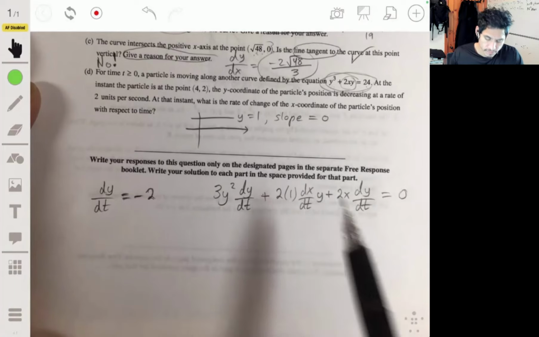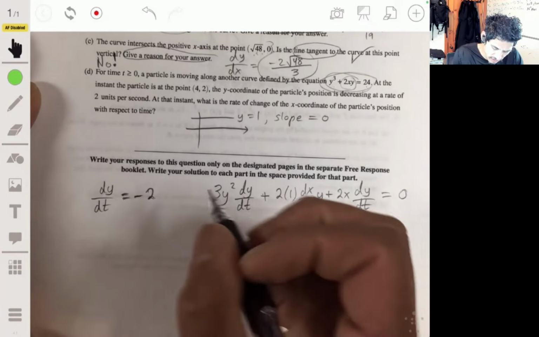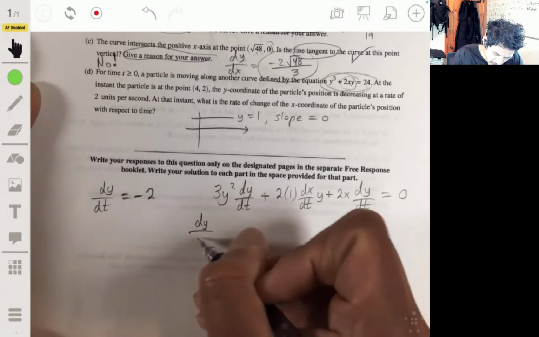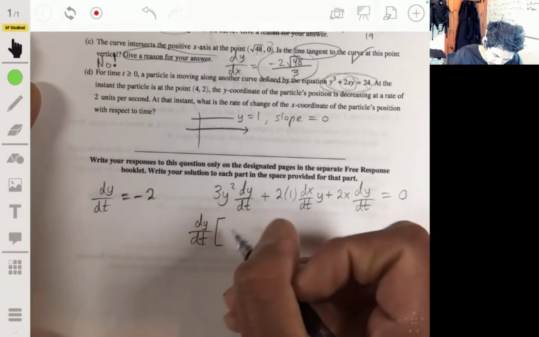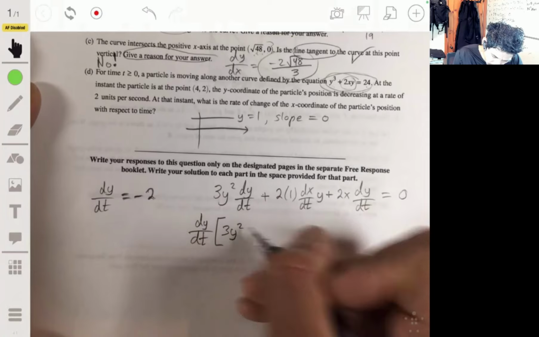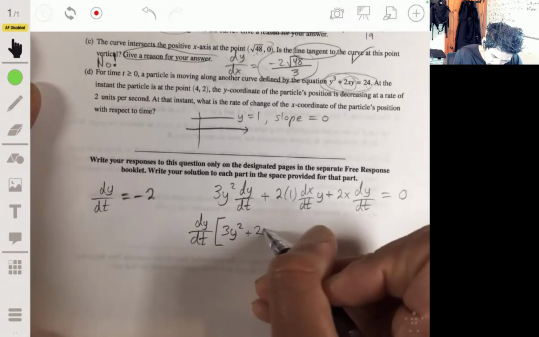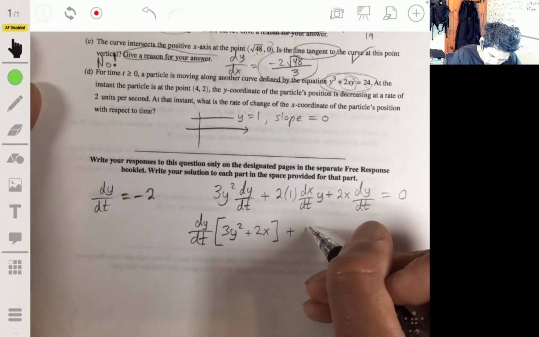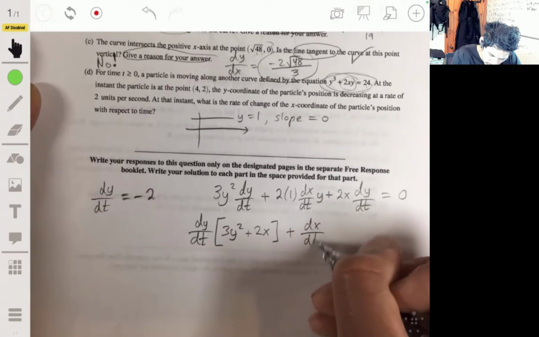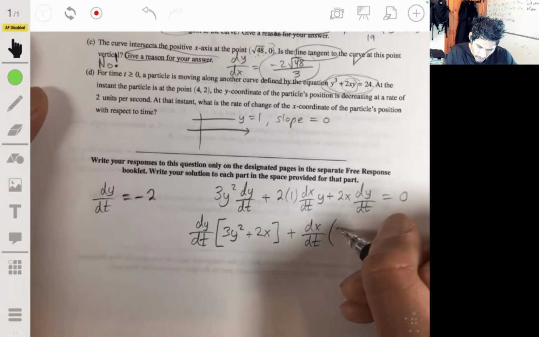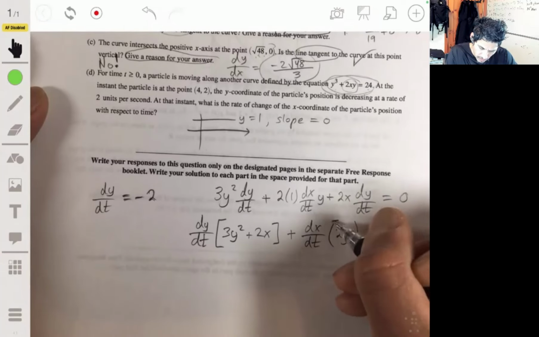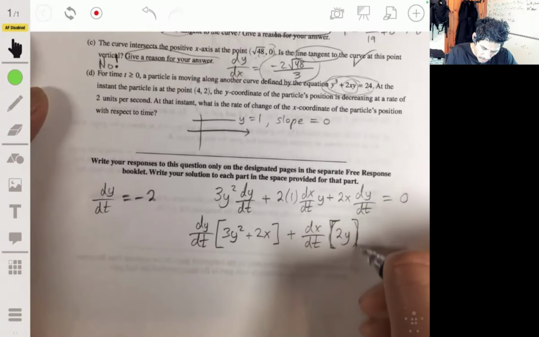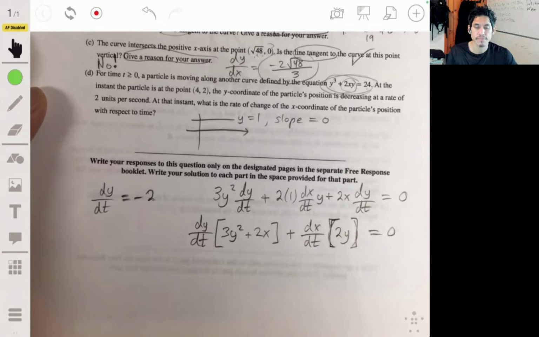And then let's rearrange these. Let's factor out the dy/dt in front, so it looks all nice. So we get 3y squared plus 2x, plus dx/dt times 2y, equals 0.